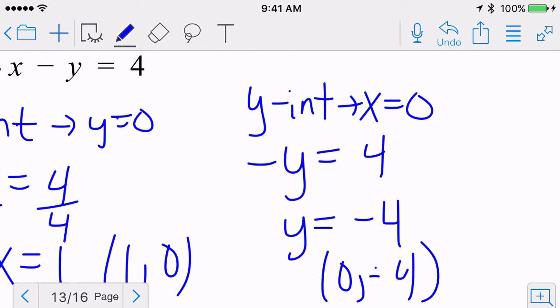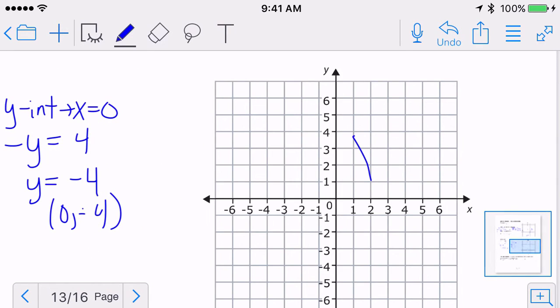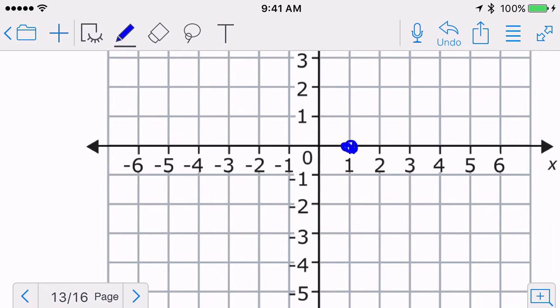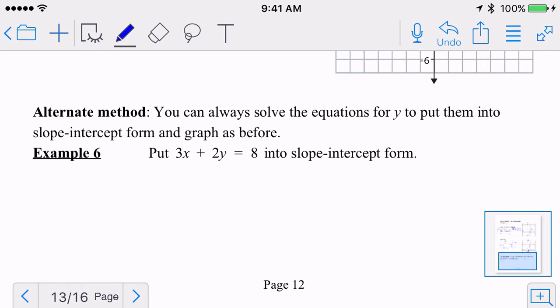So (1, 0), and (0, negative 4). So 1 for our x, negative 4 for the y, and then we just connect. And you're done.